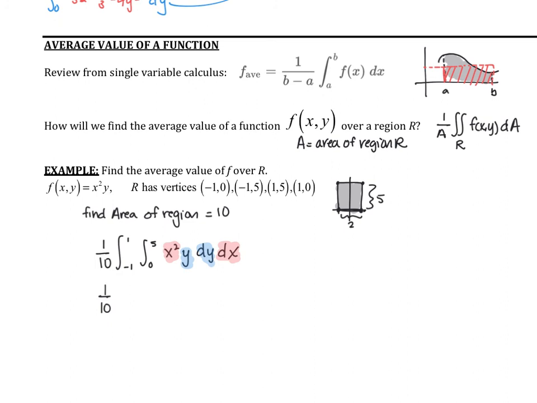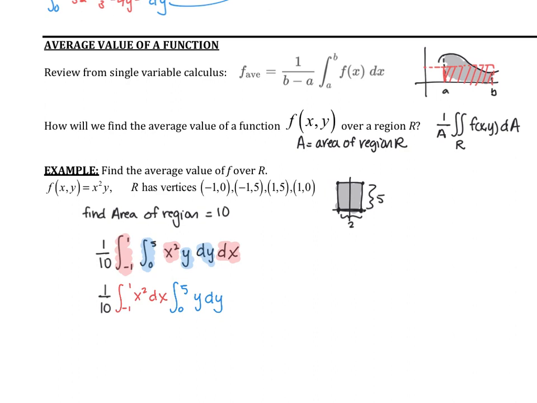And I know that the bounds that go with the x are -1 to 1, and the bounds that go with the y are from 0 to 5. And so I can set this up using those. So we have the integral from -1 to 1 of x squared dx and the integral from 0 to 5 of y dy because they are functions that can be separated.